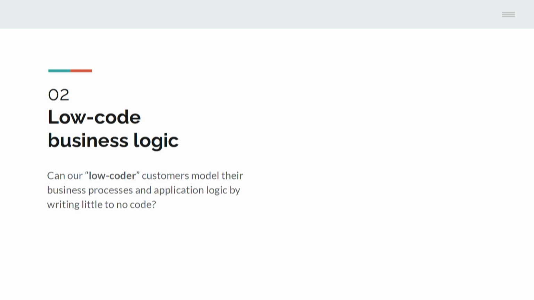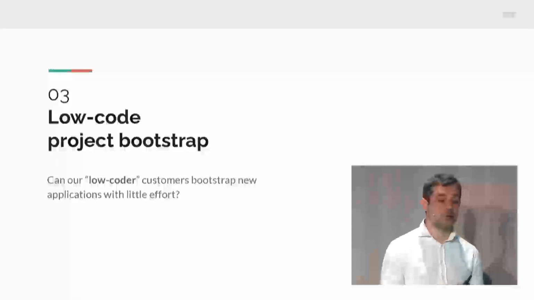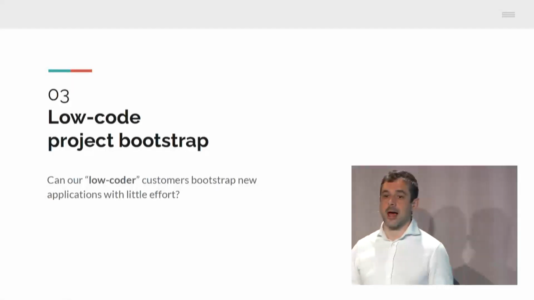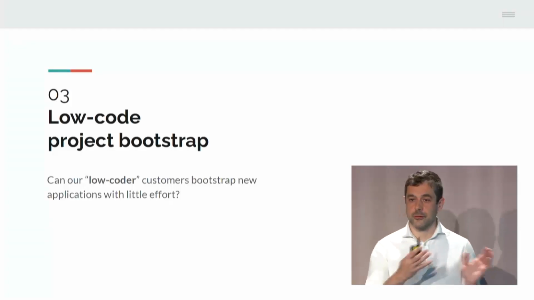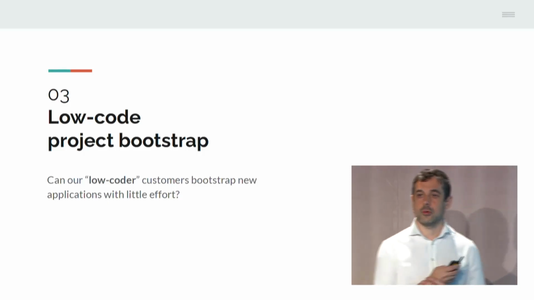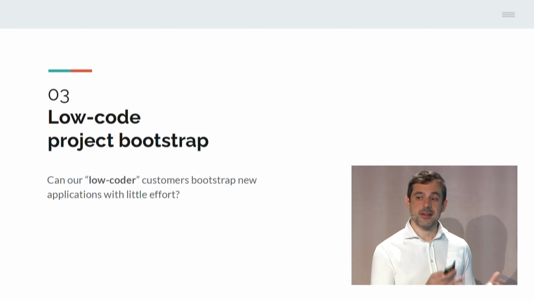Can our low-code customers model their business processes and application logic as well by writing little to no code behind the UI, besides the UI? And finally, how can they bootstrap new app projects? For example, these customers wanted to create N apps from this sort of, let's say, framework, or however you want to call it. And how fast is that step as well?